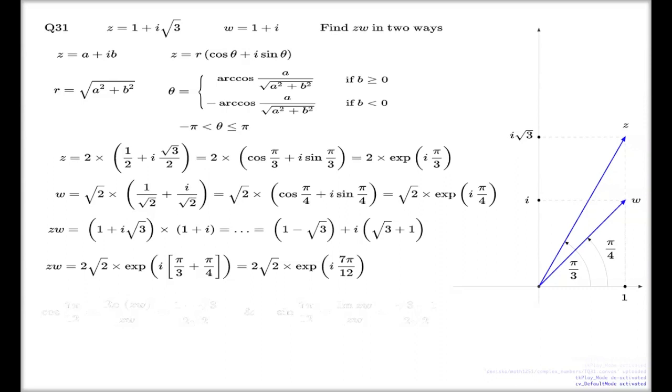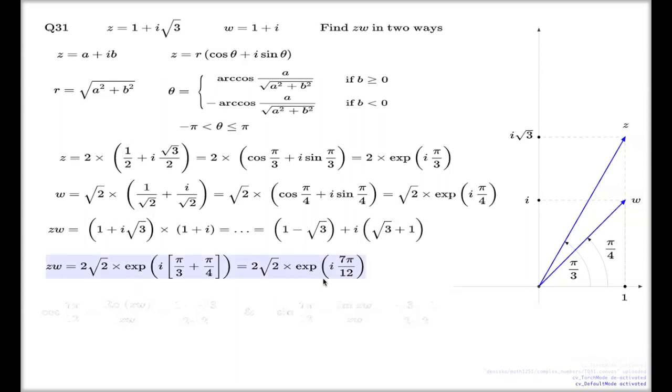However, we can take this question one step further because by having this ZW product in two different ways, we can actually extract more information from this. For instance, this number, if you expand this exponential form into the trigonometric way, so if you write cos of 7 pi on 12 plus I sine of 7 pi on 12, right?